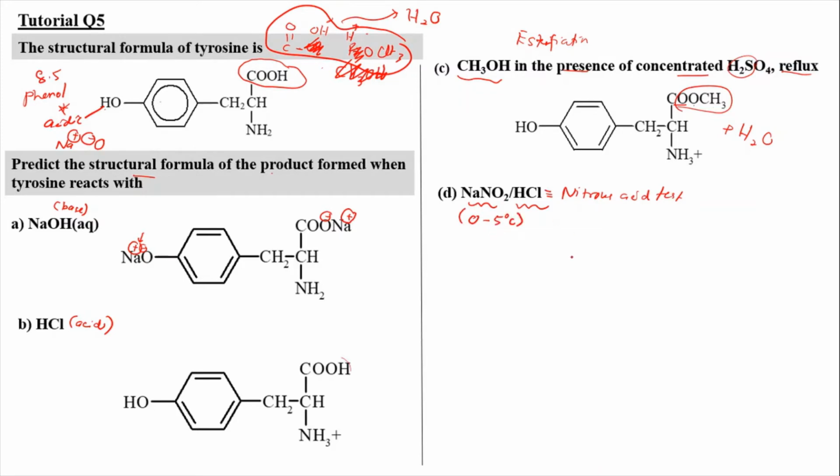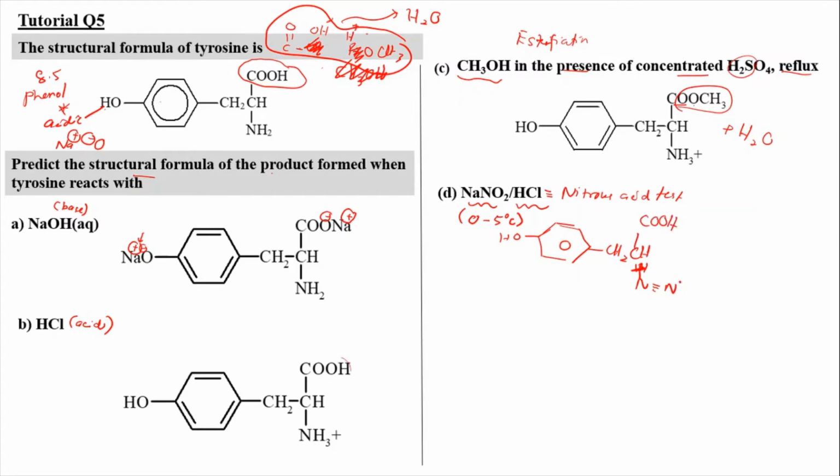So what's going to happen here is that the reaction of the tyrosine, which is an amino acid, with the nitrous acid is going to produce a salt, which is a diazonium ion, sorry, N triple bond N, and then here we're going to form COOH.